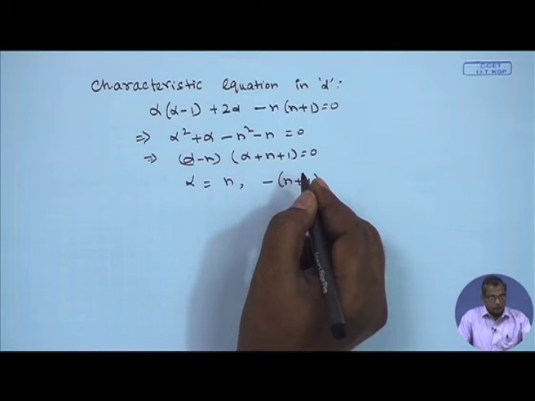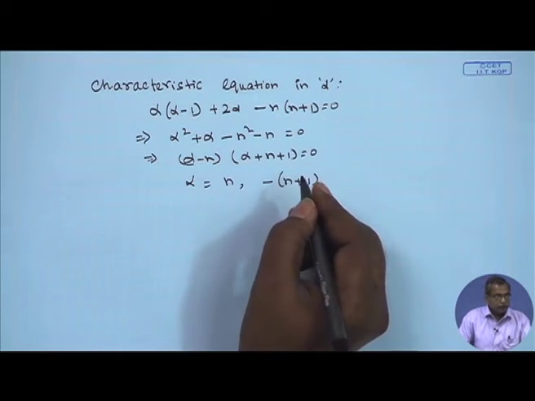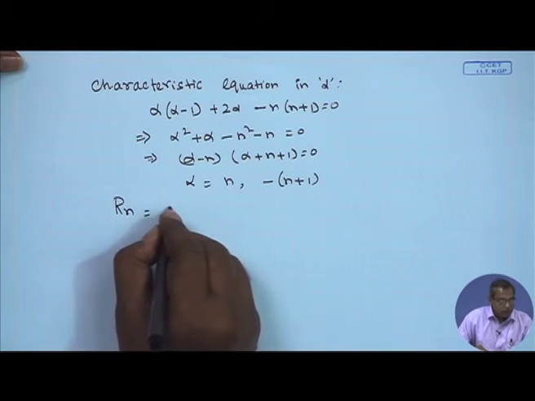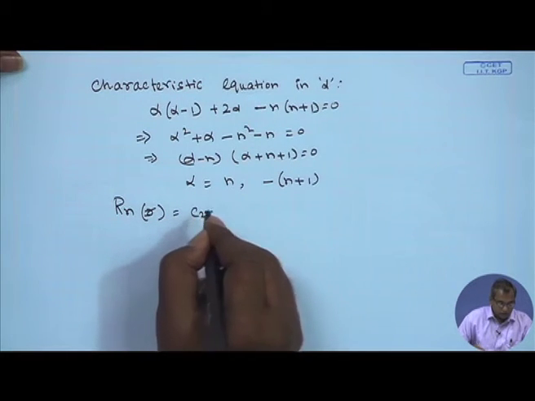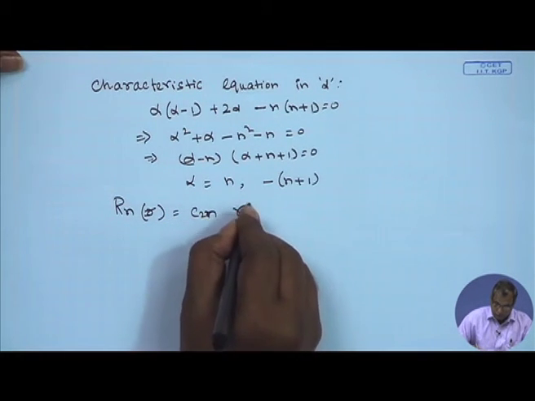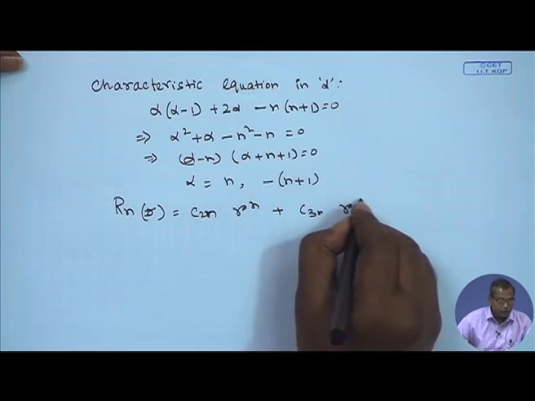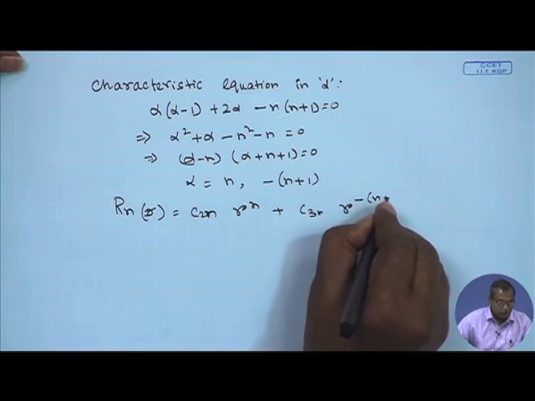Okay. So once we get this, we will get the solution of R n, which is a function of r, as C 2 n r to the power n plus C 3 n r to the power minus n plus 1.